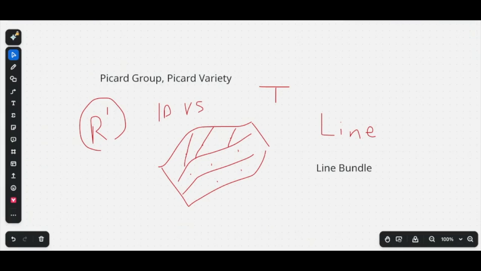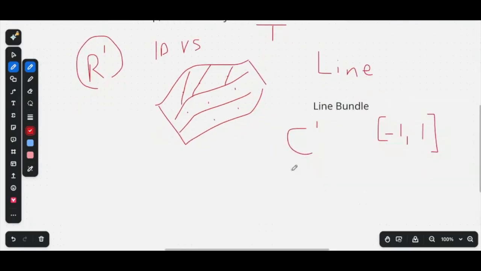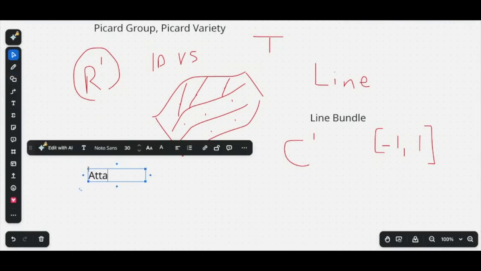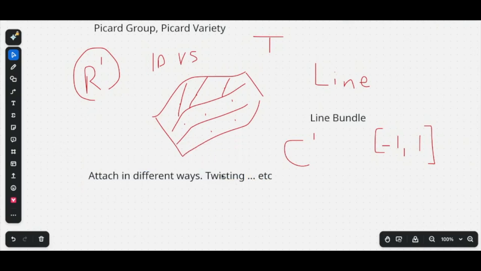I mean, I can attach C1s, which are one-dimensional. I can attach like intervals such as like -1, 1, and I can attach them in different ways, twisting and so on and so forth.